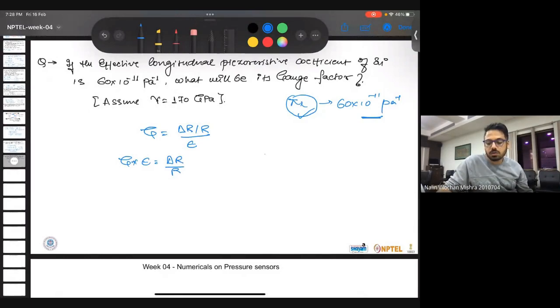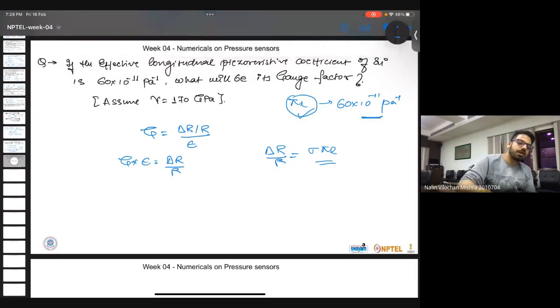We also know that change in R by R is sigma pi L, if only longitudinal force is applied. So put this value and determine the final value of G. Please tell me the final value of G. What are you getting?